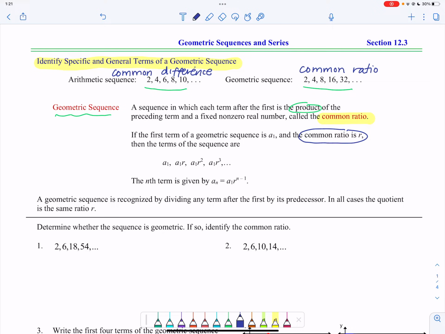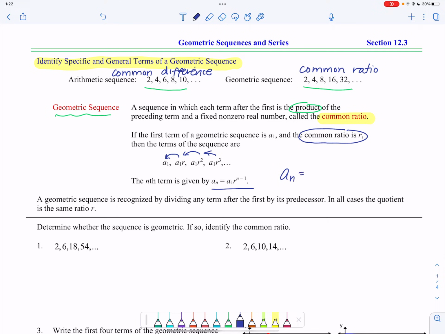As you can see here, this term is the previous term times R, and this is the previous term times R again, and so forth. So each term, A sub n, is the first term A sub 1 times that common ratio to the n minus 1 power.